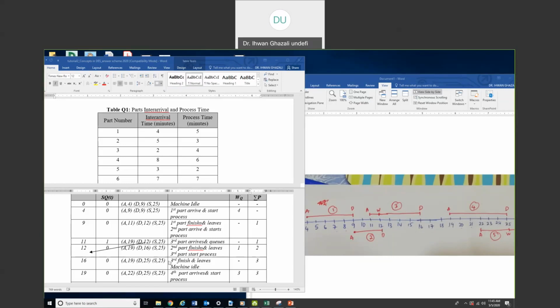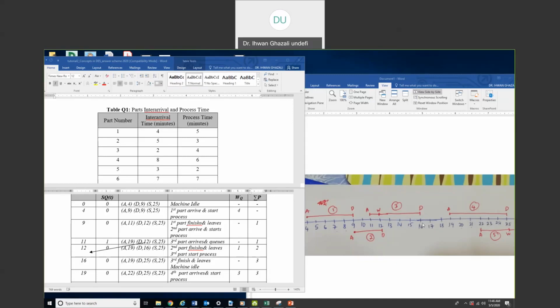Well, the next is we need to put down again this A arrival, which is 19. Okay, this is still 19 because this one is still waiting here, right? So you just put down 19 here, and then this D16 is obtained from the fourth number of one.